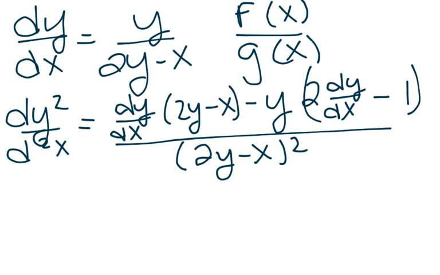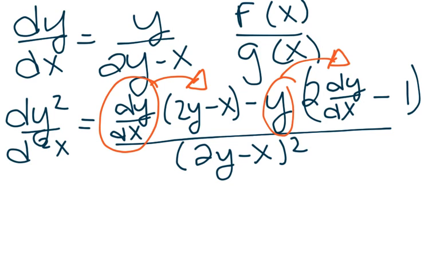Okay? From here, you have to distribute the dy/dx to here, and you need to distribute this y into this set of parentheses. So I'm going to need more room, so I'm moving to this side.